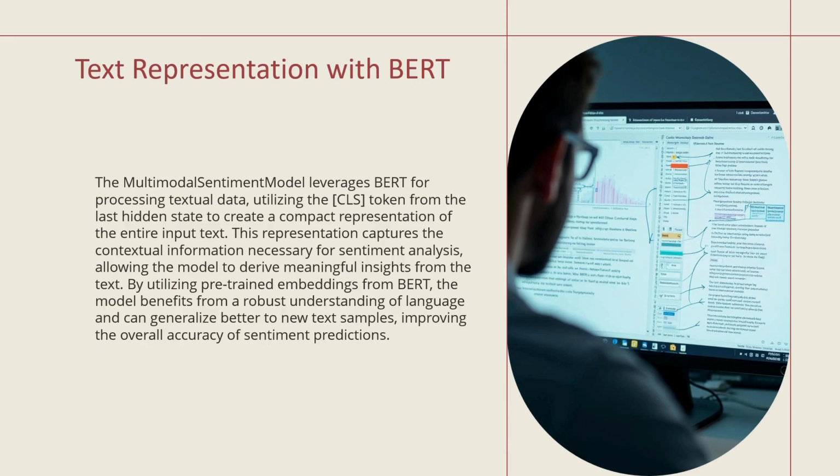For example, if you say he went to the bank to deposit money, BERT can tell that bank refers to a financial institution, because it reads the whole sentence at once, not from left to right. It is already pre-trained on a very large text corpus. That's why it can be fine-tuned for sentiment analysis.